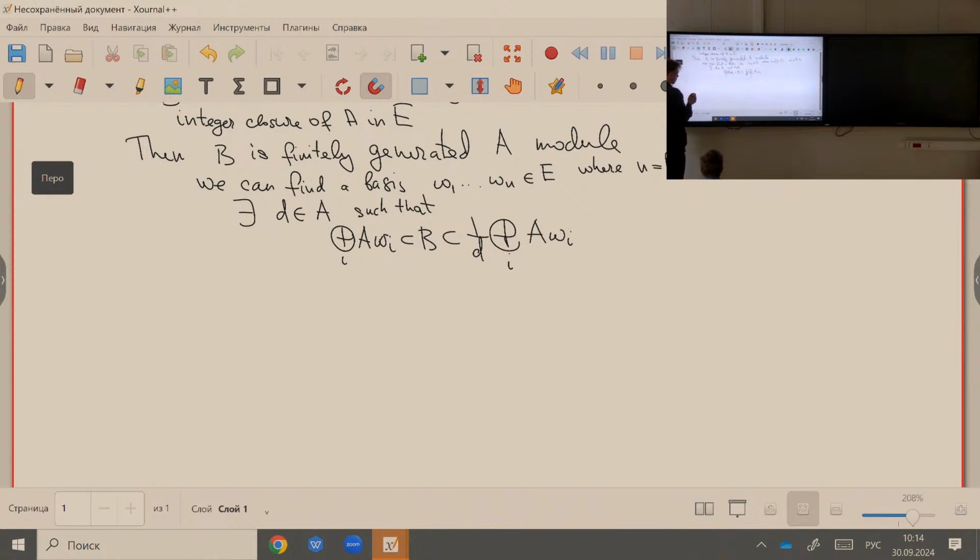The last remark I wanted to tell is just for your educational purposes: we shall not consider inseparable extensions, but we can write down a characterization of inseparable extensions.